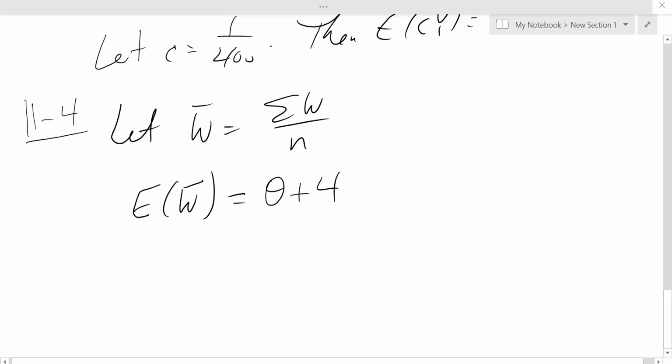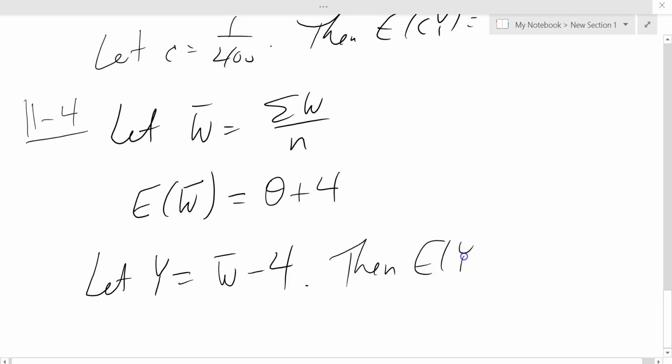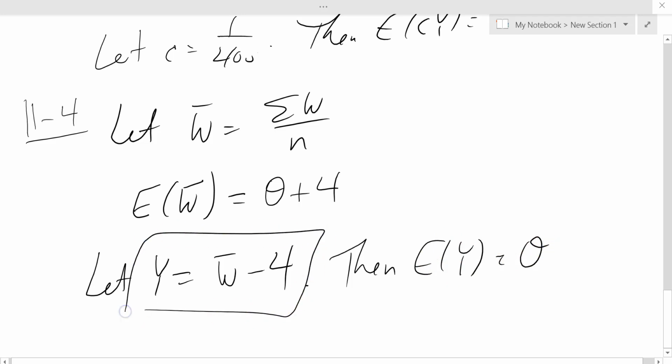So let Y equal W bar minus 4. Then the expected value of Y is going to be theta. So this would be your unbiased estimator of theta. Does that make sense?